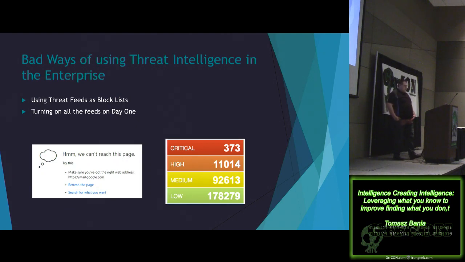But first, let's talk about some of the bad ways you can implement threat intelligence in your enterprise. First one being using threat feeds as block lists. In the past 6 months, there's a very large enterprise where a security analyst on a watch floor had a threat intel hit on Microsoft.com.